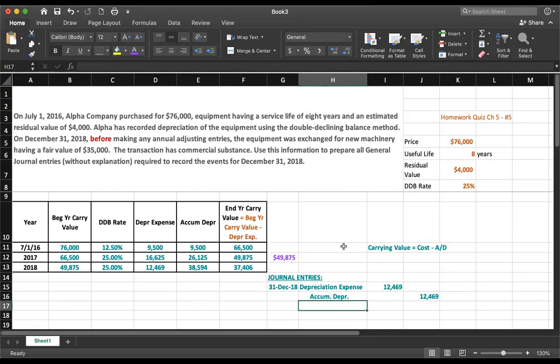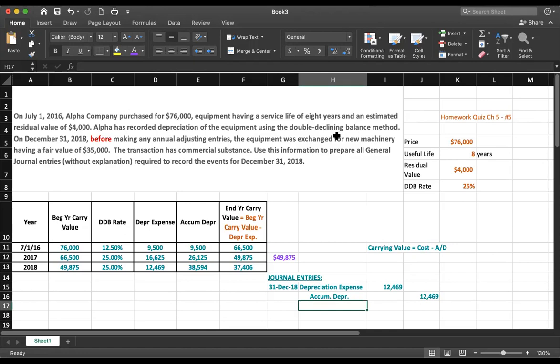Now the second entry that we have to do is to record the exchange. Now, they tell us that this was commercial substance. So when it says that it is commercial substance, that means that if there was a gain on the exchange, and by gain on the exchange, I mean that the asset they received was greater than the book value of the asset that was given up, then we're going to record that gain.